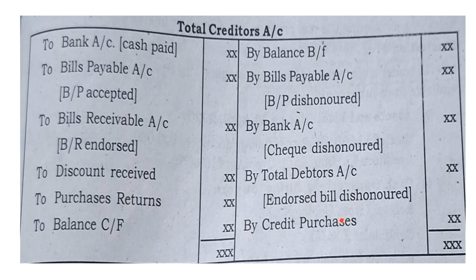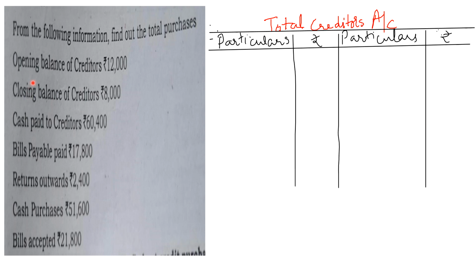So credit purchases plus cash purchases gives you the total purchases. So this is the format of the total creditors account. Let us now see a problem on this total creditors account.